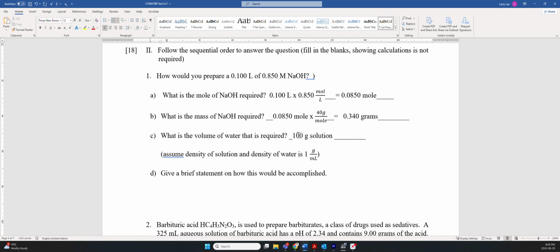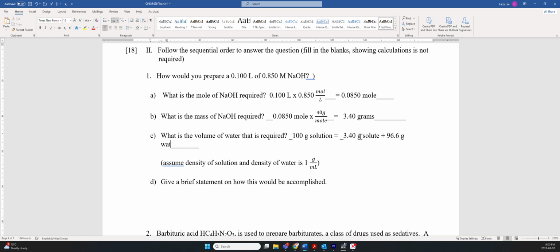Okay, so once you get that solution, this is composed of 3.40 grams. Oh, sorry, this is supposed to be 3.4 grams, not 0.34 grams. The solution is 3.4 grams of solute, which is sodium hydroxide, plus 96.6 grams of water.